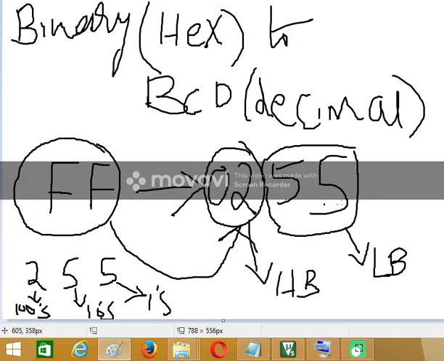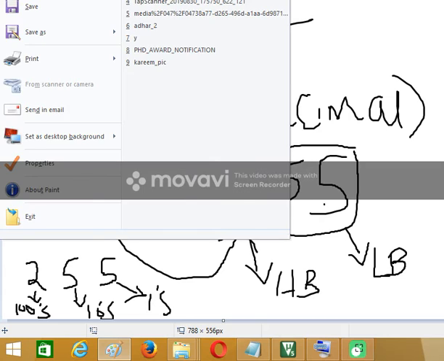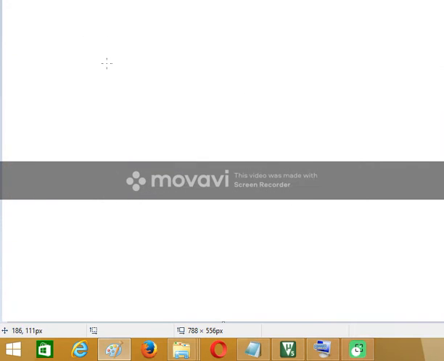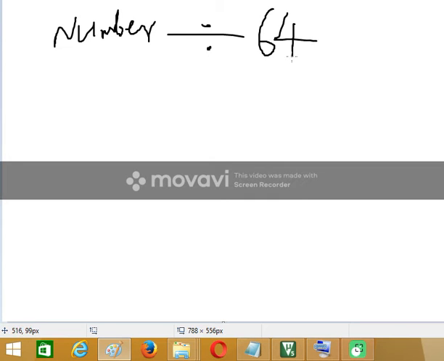So how will you get this 255? Divide by 100, divide by 10 and the remaining. But in hex you have to divide not by 100, but by the hex equivalent of 100. So for your hexadecimal number, to get the hundreds place, you have to divide by the hexadecimal equivalent of 100. The hexadecimal equivalent of 100 is 64.